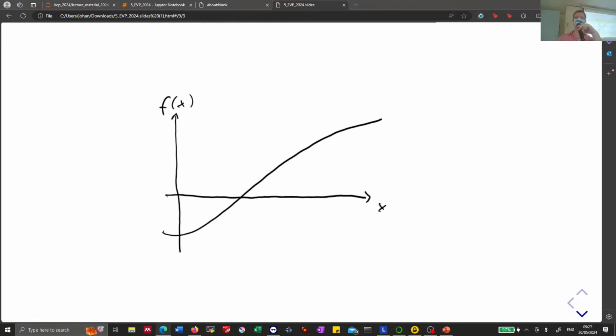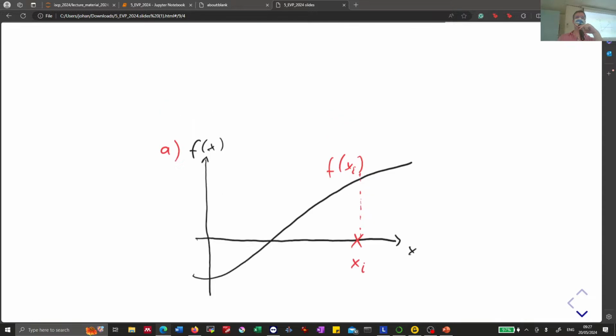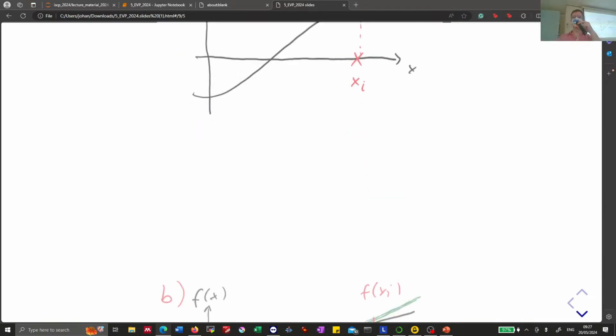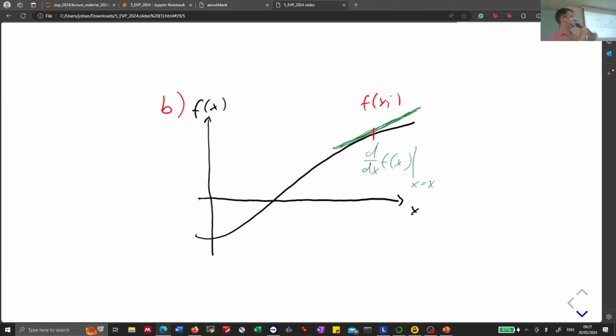Okay, so here's an example. This is any function, f of x, plotted over x. Okay, so step 1, we choose an xi. We get the function value, right? Then we calculate the derivative, d over dx of f of x evaluated at x equals xi.